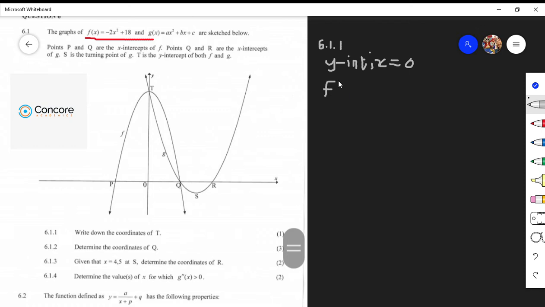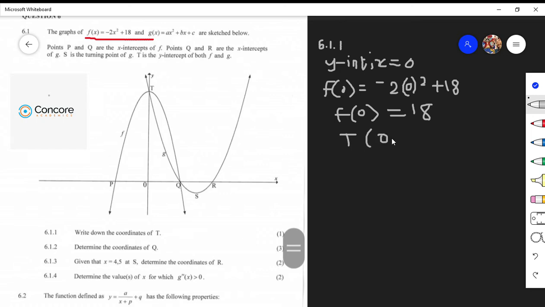So f of 0 is equal to -2 times 0 squared plus 18. Then we know that -2 times 0 squared is still 0, and f of 0 is therefore 18, which means our t value is, our x value is 0 and our y value is 18, which we previously calculated.